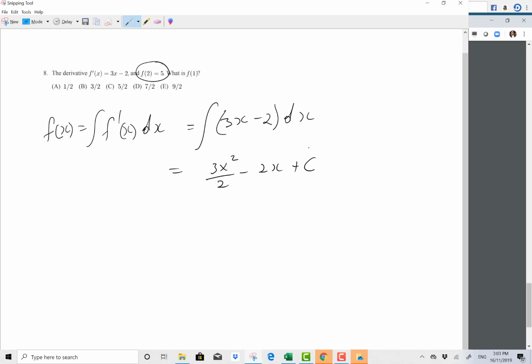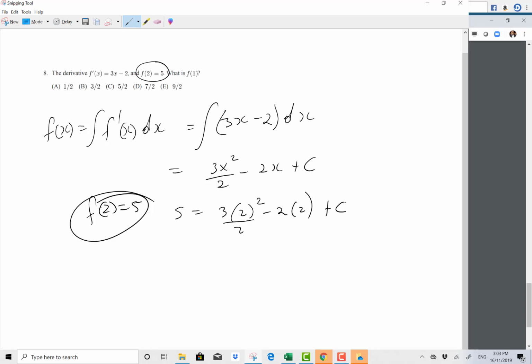Now I'm given that f of 2 is equal to 5, so I'm going to have 5 equal to 3 times 2 squared divided by 2 minus 2 times 2 plus c, to figure out what c is.